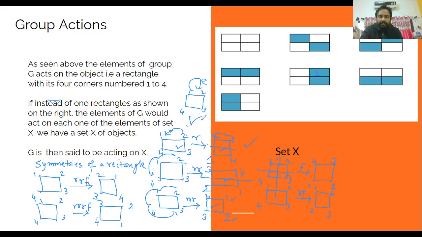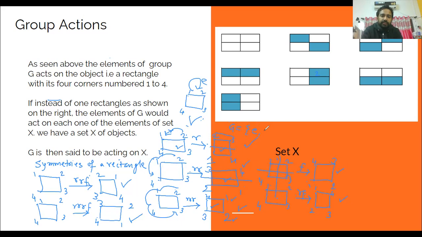The action E, the action R, the action RR, the action RRR, the action F, which is the vertical flip, the action RF, which is the rotation by 90 degrees followed by the vertical flip, the action RRF, and the action RRRF. So these are the 8 symmetries, and these 8 symmetries form a group.